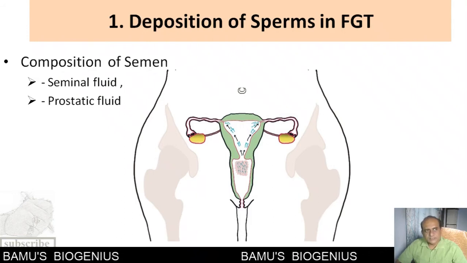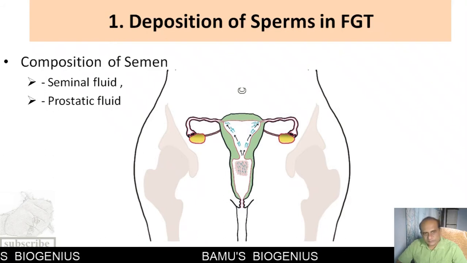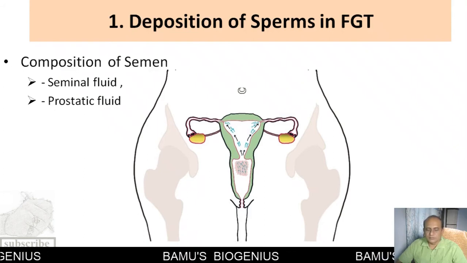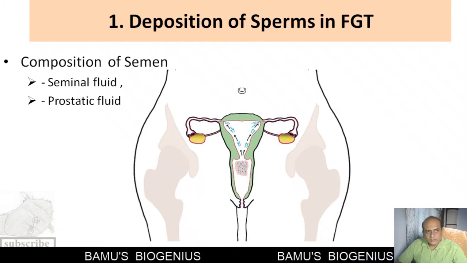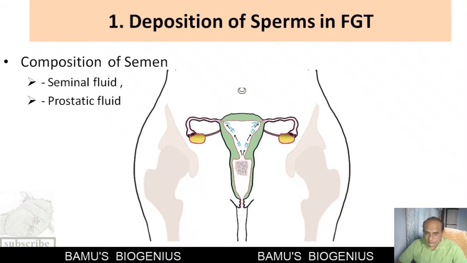This gland is responsible for secretion of prostate specific antigens, and these are responsible for liquefaction of the seminal fluid or semen. This PSA is also important in detection of cancer of the prostate gland.